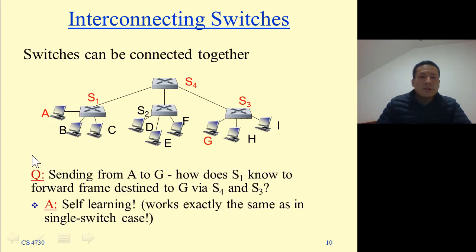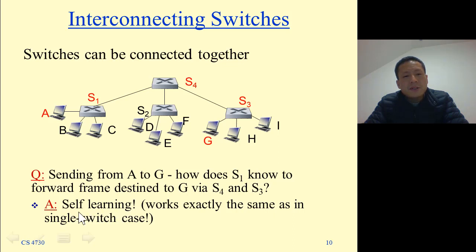So you may ask: if host A wants to send something to host G, how do S1 and S3 get configured? The forwarding tables of S1, S3 and S4 can be created for this purpose, for them to work together.